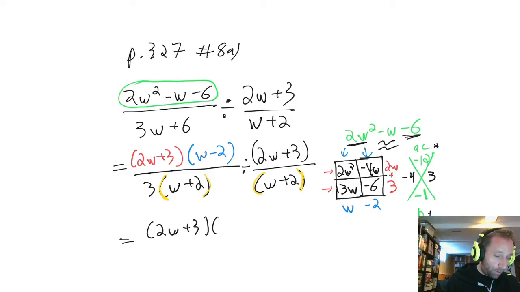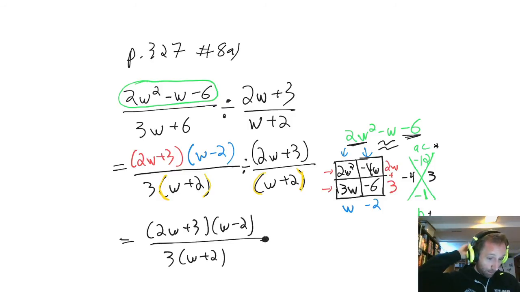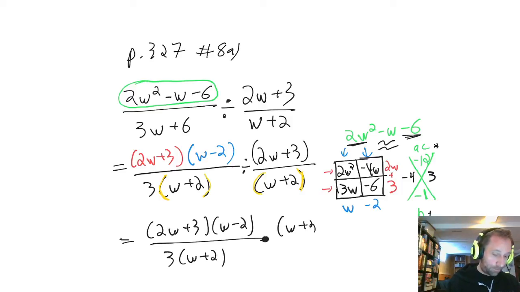So 2w plus 3 times w minus 2 divided by 3 times w plus 2, multiplied by the reciprocal of 2w plus 3 divided by w plus 2. So that will be w plus 2 divided by 2w plus 3.